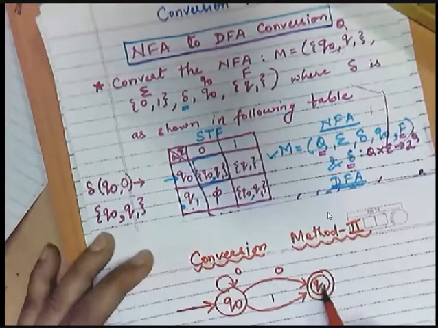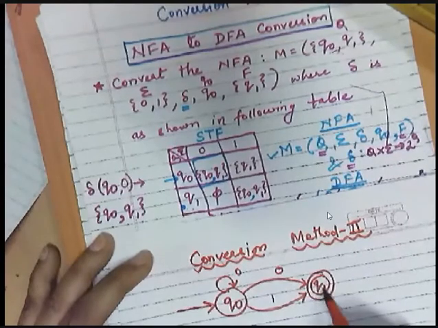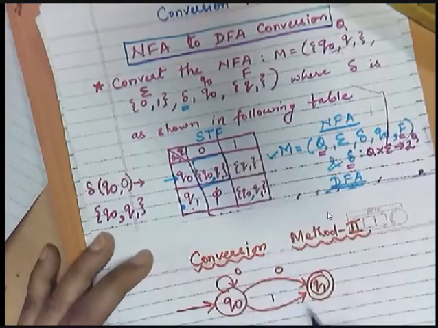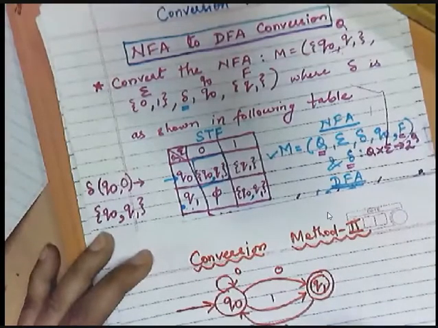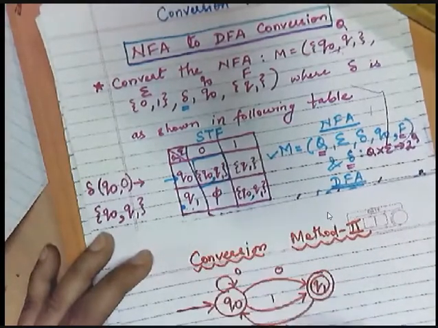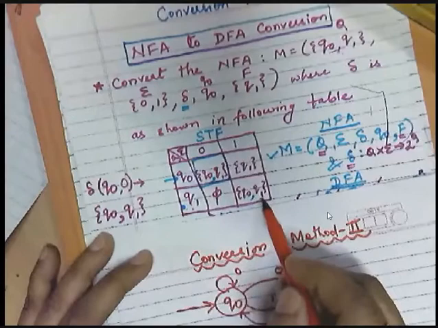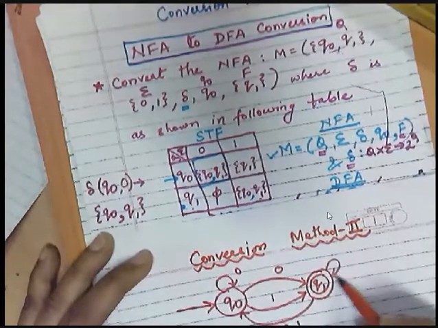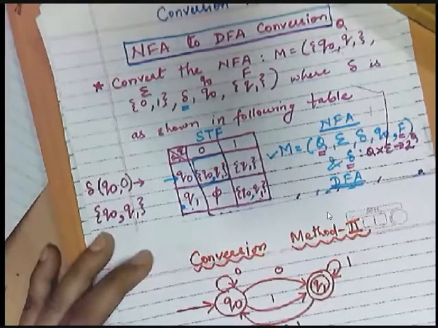Then Q1 on 0 moves nowhere, and Q1 on 1 moves to Q0, and also to Q1, so there will be a self loop. So this is the transition graph for this given NFA.